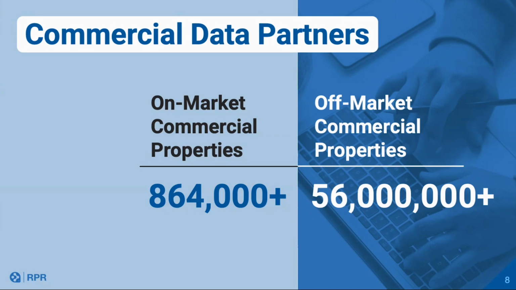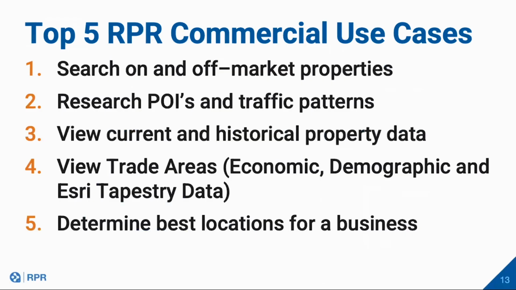You will see a diverse amount and types of property within RPR on the commercial side. And then through our partnership too, there's over 56 million off-market commercial public record properties that are listed across the country as well. So we want to make sure that the RPR commercial database is something that you are aware of and is a benefit to all realtors across the country.